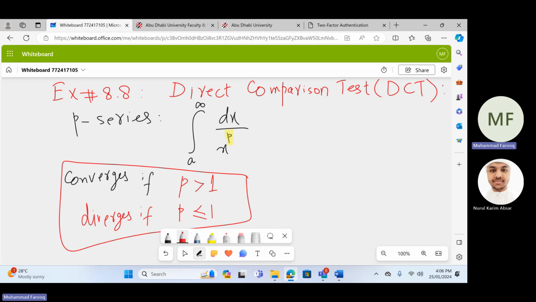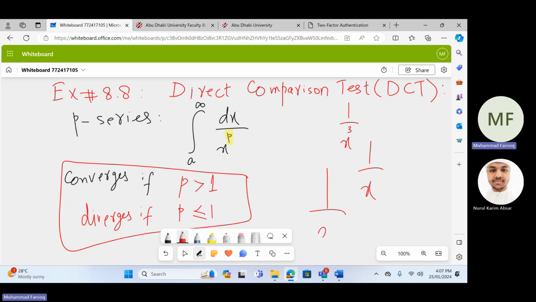For example, you have 1 over x to the power 3. Is it a P series? Does it converge? Yes, it converges, because the power 3 is more than 1. Very good. Now 1 over x, power 1. It diverges, because if the power is equal to 1, even equal to 1, the result is divergence.